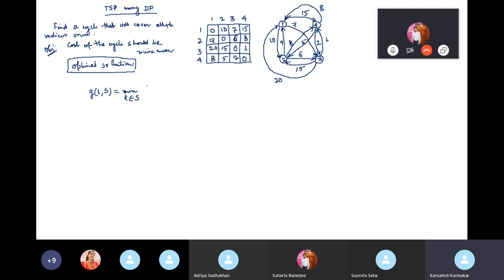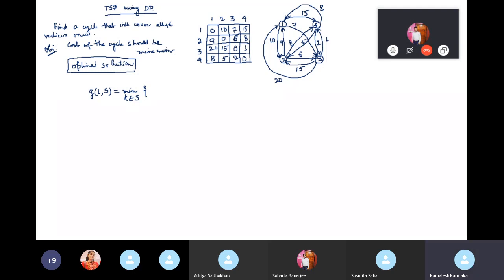I will explain it with this equation. If I choose vertex k from this set S, what does it mean? If we start from vertex 1, then the next vertex is k. So the cost from vertex 1 to vertex k is being represented by this matrix.